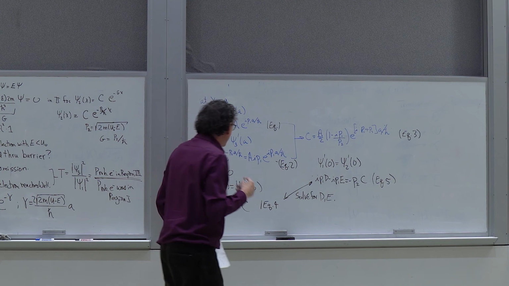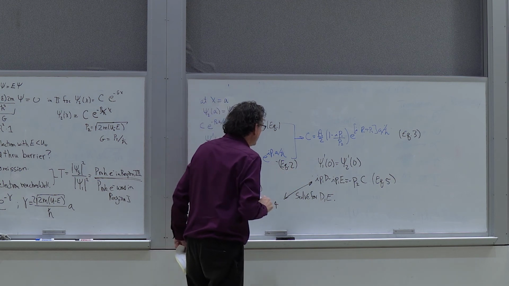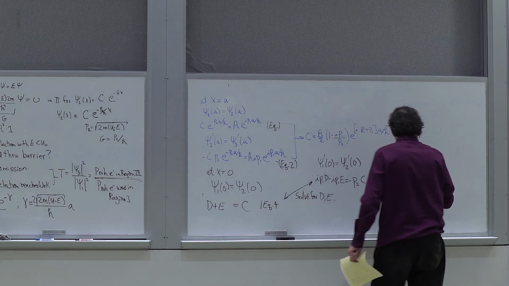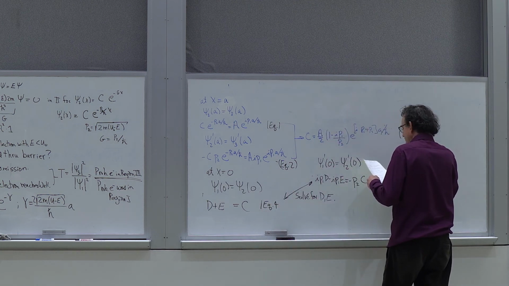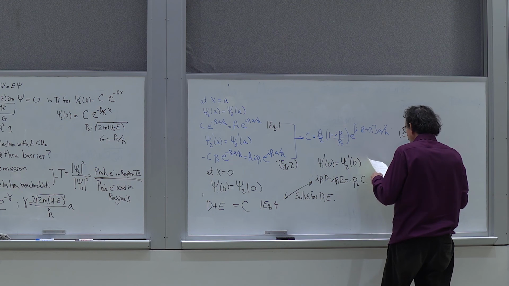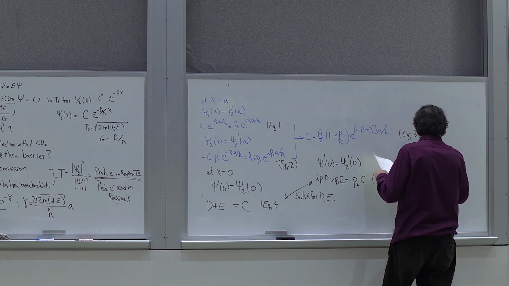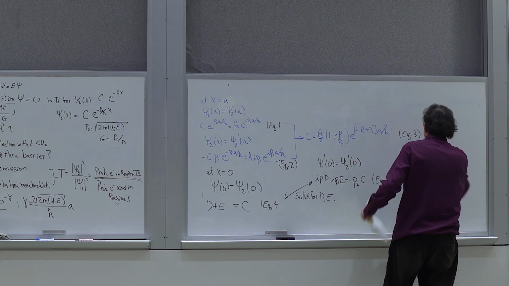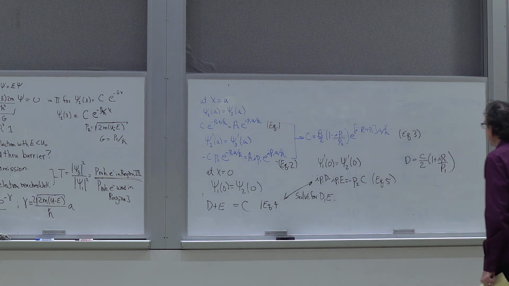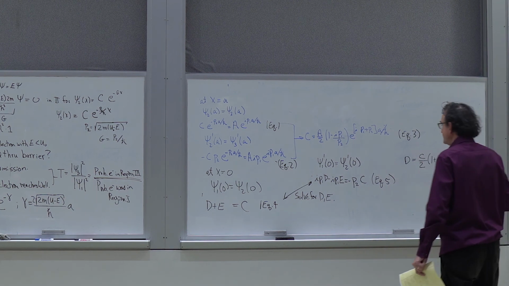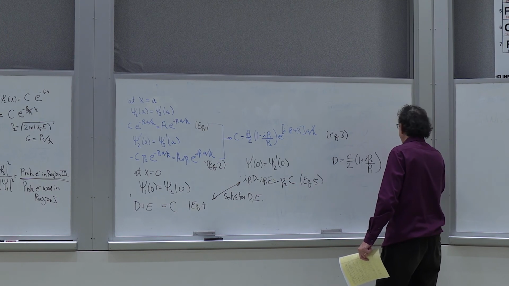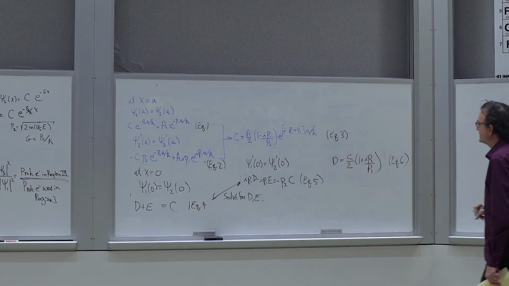So I'm going to solve 2 equations and 2 unknowns, but just for D, and I get that D is equal to C over 2 times 1 plus I times P2 divided by P1. Okay, now we're almost there. This is equation number 6. Equation 6, right? 1, 2, 3, 4, 5, 6.